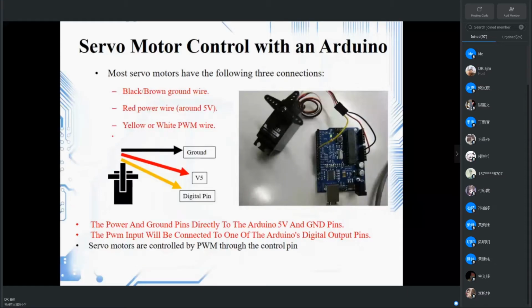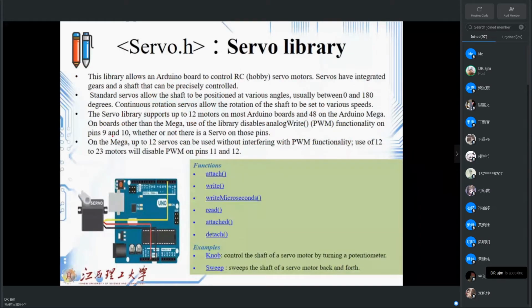Okay. Now, nice job that they have done for servo motor is that they made the library which they call it servo.h. We have some good libraries. Suppose for LCD, we have liquid crystal.h, as you remember. That was very nice library. It has lots of good part that we could use. Here also we have servo.h, which inside of this servo.h, you can use 12 motor on most of the Arduino board.